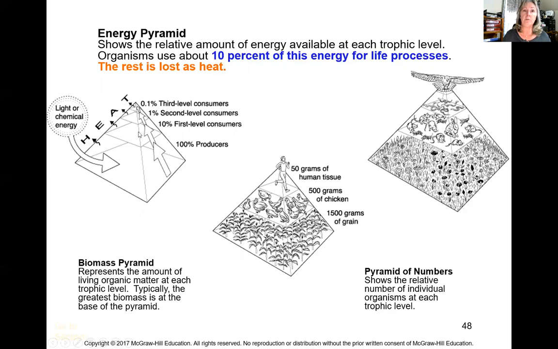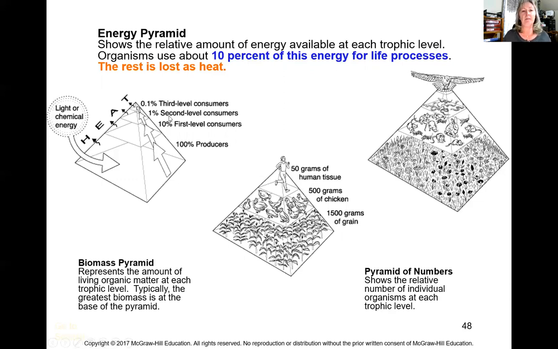Now, those consumers would use 90% of that. And if they were eaten by a secondary consumer or a second level consumer, then only 1 calorie is available for use. So I just used the 100 just to make the math easy.